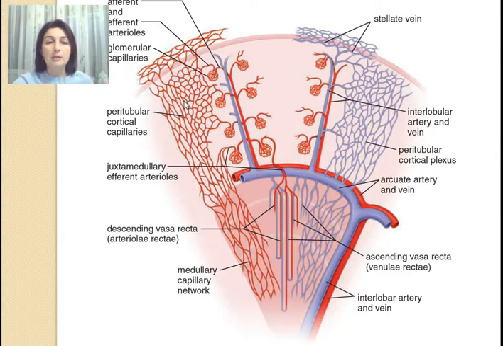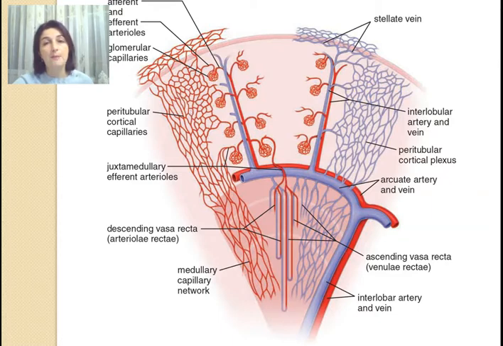And this capillary network is called the peritubular cortical network, which surrounds the tubules of the nephrons. There are proximal and distal tubules and so on. Those tubules are surrounded by this peritubular capillary network. And by the way, the endothelial cells of these capillaries produce erythropoietin.